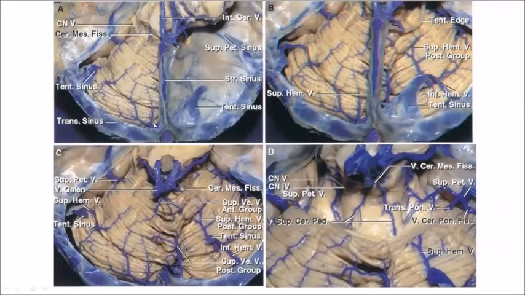This is a dissection of the tentorial surface in which the right side of the tent has been removed to expose the veins of the tentorial surface. Here, both sides of the tent have been removed. We can observe that the superior hemispheric vein drains towards the torcula. On this side, these veins are joined by the inferior hemispheric veins and drain towards the tentorial sinus.